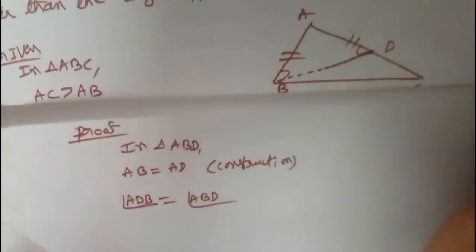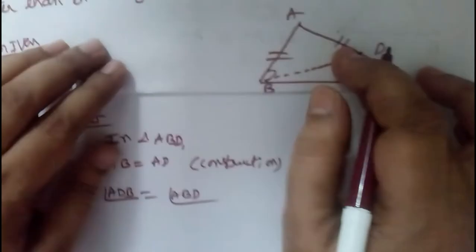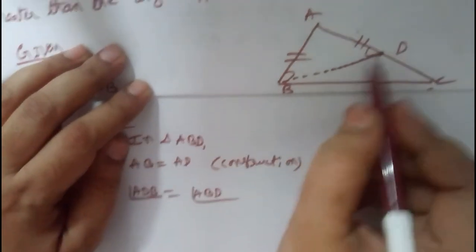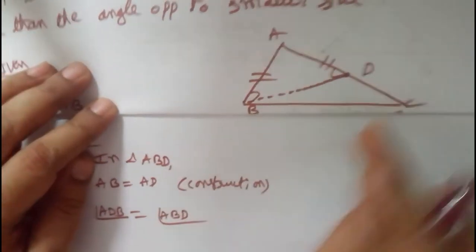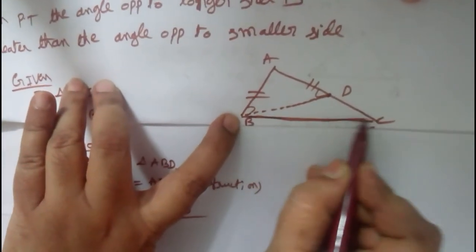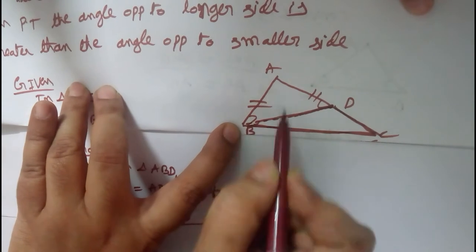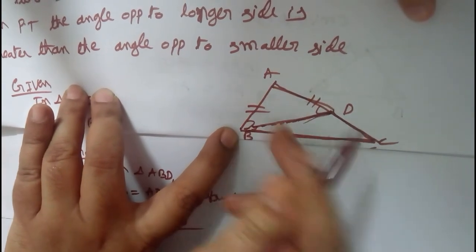For this triangle BDC, angle ADB is the exterior angle.